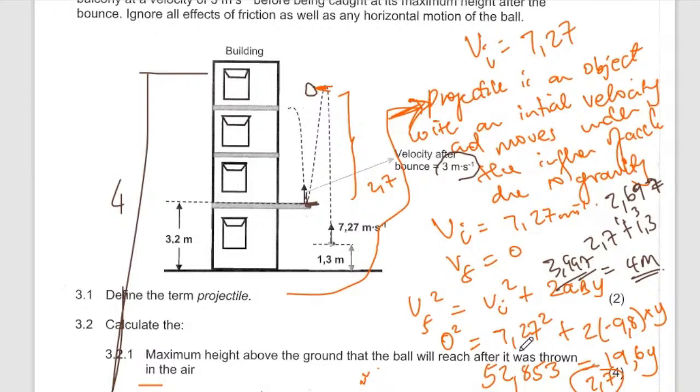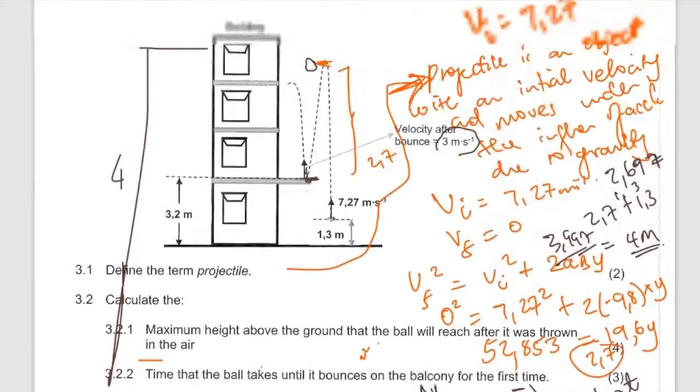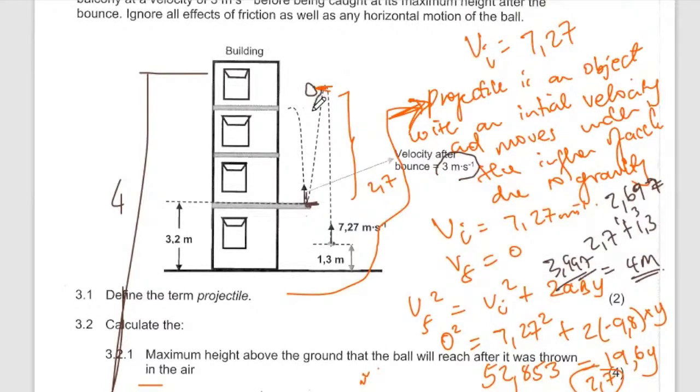So my delta y is going to be 4 minus 3.2, which is 0.8 meters. Okay, so that's our displacement. Our initial velocity, since it was now at maximum, is going to be 0, because now I'm looking at the second journey, from maximum, now dropping down.